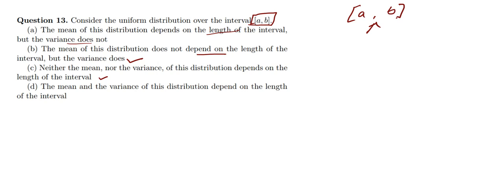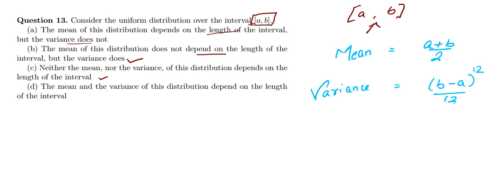First let us recapitulate the formulas for mean and variance. The mean of a uniform distribution is (a plus b) by 2, whereas the variance is always equal to (b minus a) whole squared by 12. These are the two basic formulas for the mean and variance of a uniform distribution.